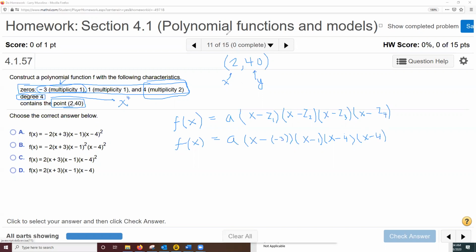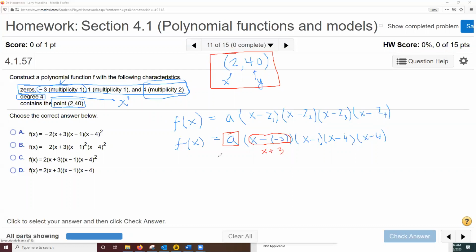Now, in the first parenthesis, I know that when I have x subtracted -3, I can really think of this as x plus 3. All right, the one thing that's missing in this analysis is this leading coefficient. So how can I find the leading coefficient? Well, they gave me this xy point, and it turns out this xy point can be used to figure out that value of a.